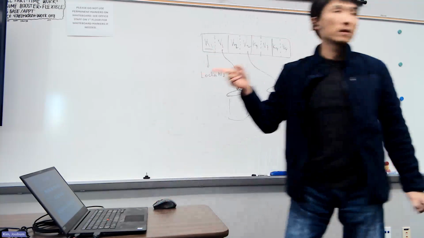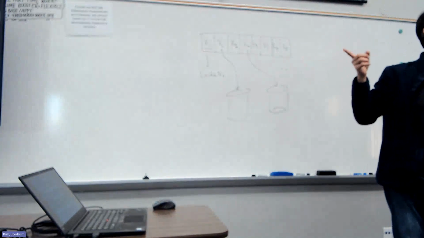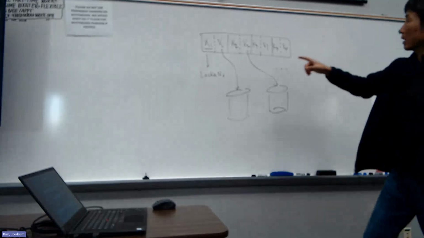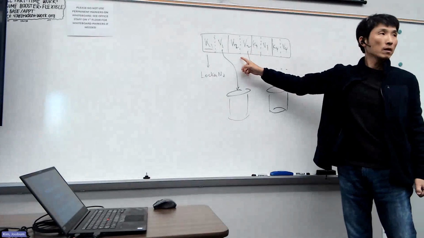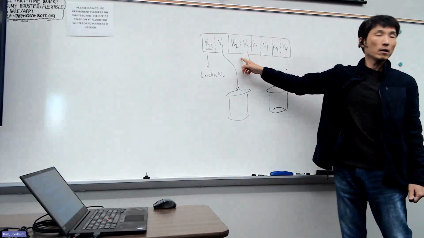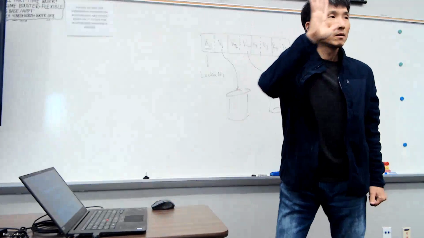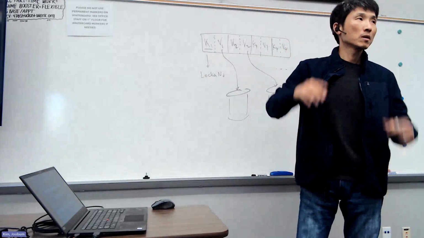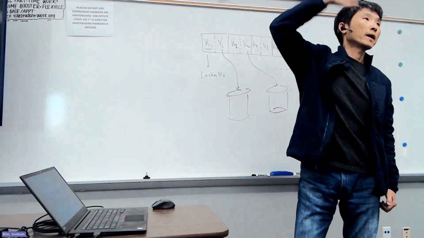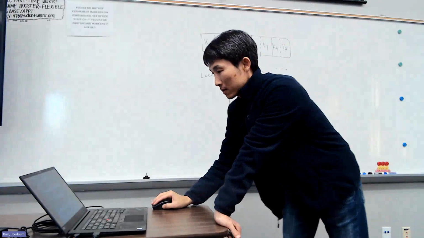But it doesn't make sense. Why? Each node can have up to 4 key value pairs. But how many here? 5. So we have to add one more layer like that.